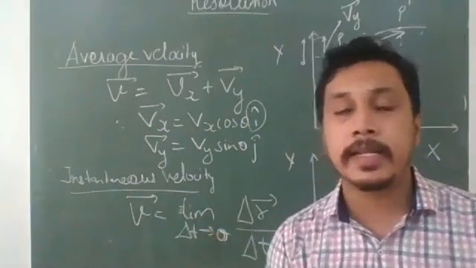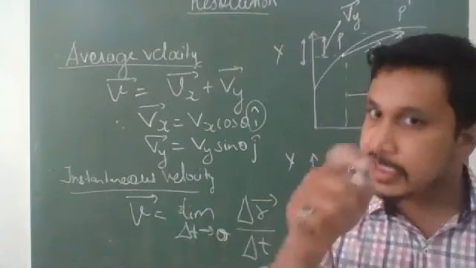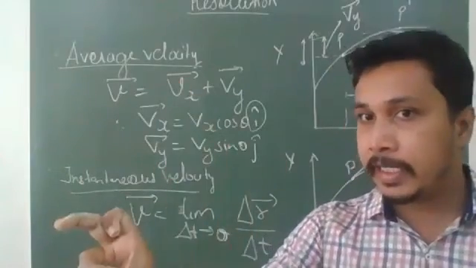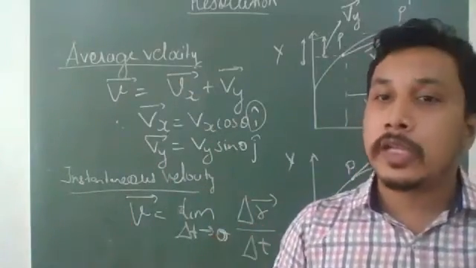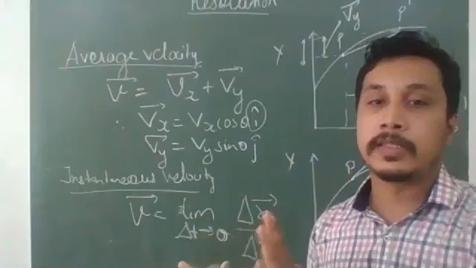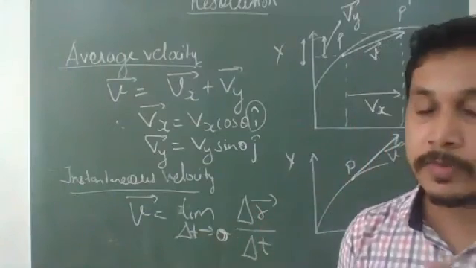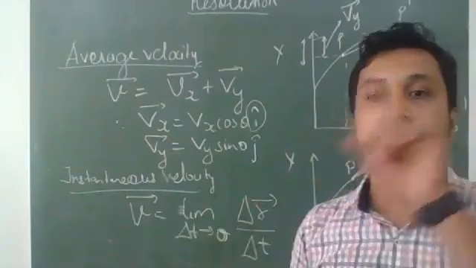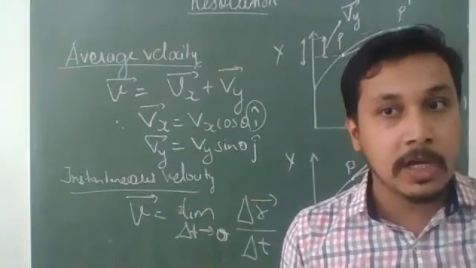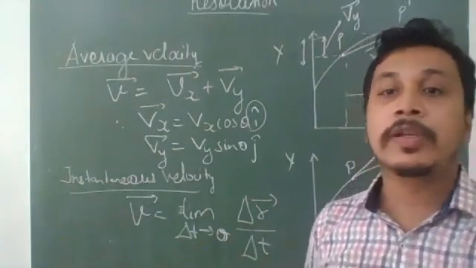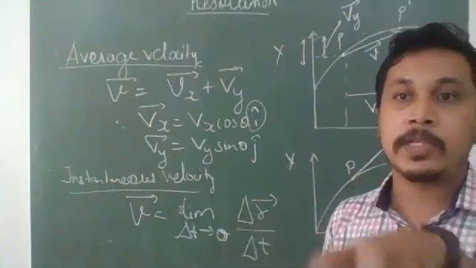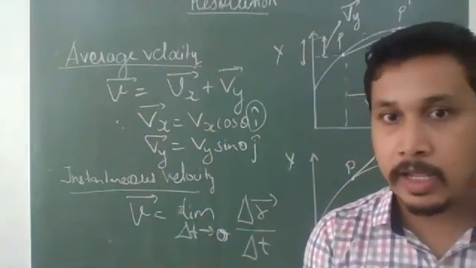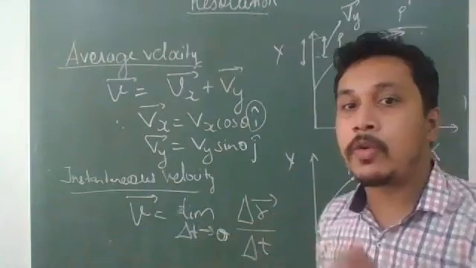What is this limit indicating? This limit is limiting delta t not to become the exact value of 0, but to approach near 0. For example, 0.001 is near to 0, but it is not 0. So this is the function of the limit over here.